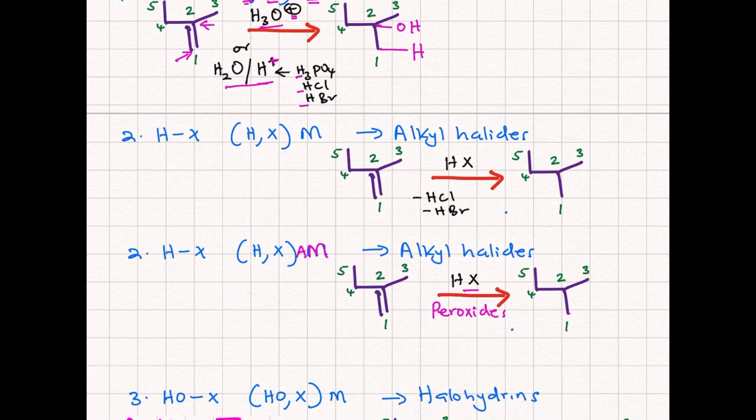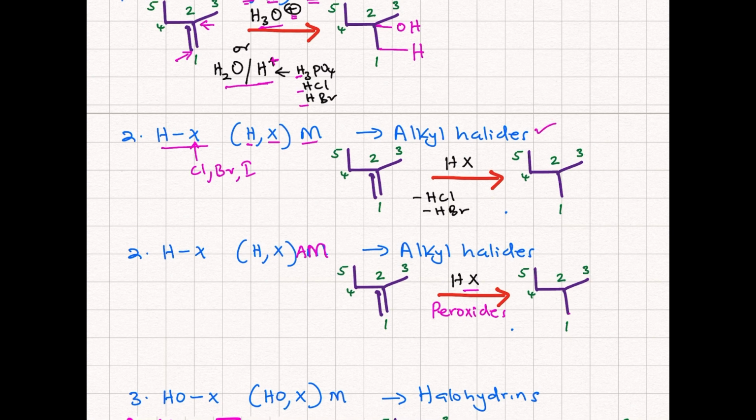The next reaction is addition of HX across the double bond, where X is a halogen, which could be chlorine, bromine, iodine. So you end up adding H and X across the double bond following Markovnikov fashion, and the result is alkyl halides.